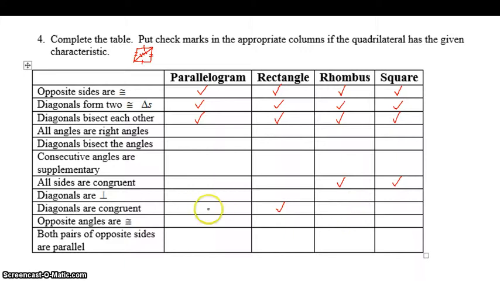Rhombus has everything a parallelogram had, which I didn't check here because it doesn't have that, and it had its own about diagonals being perpendicular and diagonals bisect the angles, but not diagonals are congruent, so I don't check here. And a square had everything that a parallelogram, rectangle, and rhombus had. So if a rectangle had diagonals are congruent, then a square also will satisfy that diagonals are congruent. Okay, so that's kind of how you would fill that out.